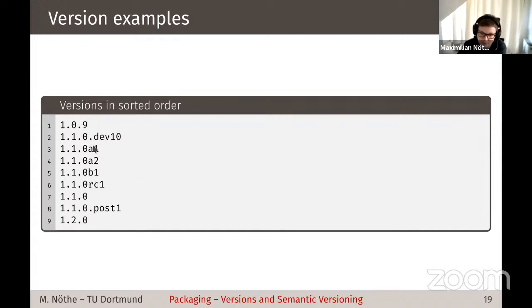We can see that the pre-releases are ordered before the main release, and the post-release comes after the main release without any specification. Development versions come before alpha versions, beta versions come before release candidates, and release candidates come before the actual release. Then you can have a newer version that comes after version 1.1.